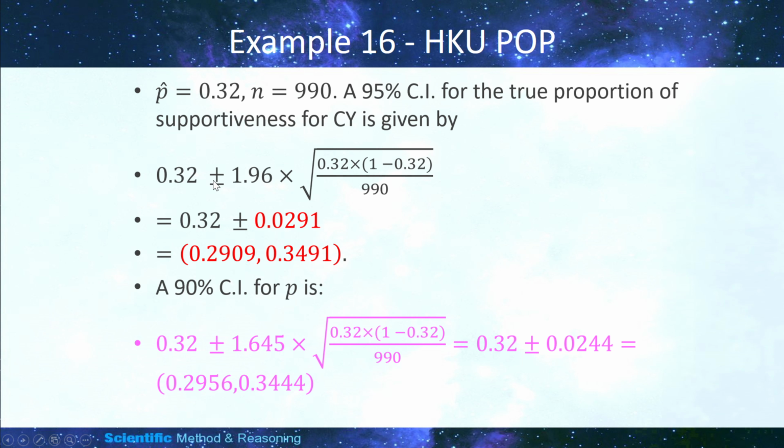Can we have a 100% confidence interval? Yes, you can, but the interval would become minus infinity to infinity, or in this case from 0 to 1. So 100% in statistics is meaningless because we study randomness. Which is narrower than the 95% confidence interval? A 90% confidence interval is narrower because the accuracy required is less.